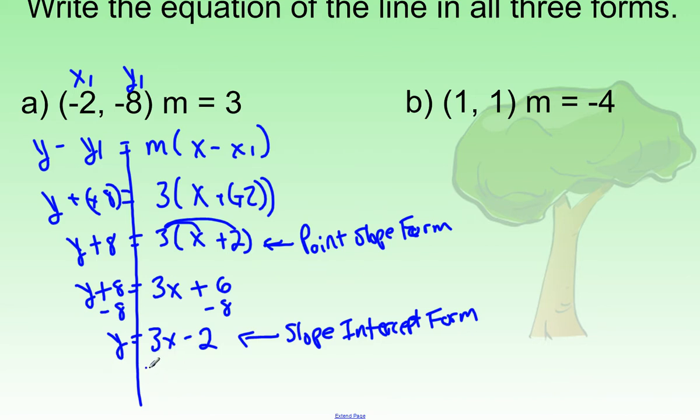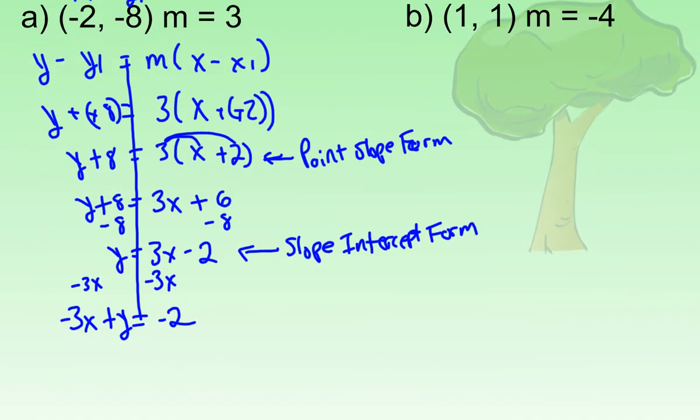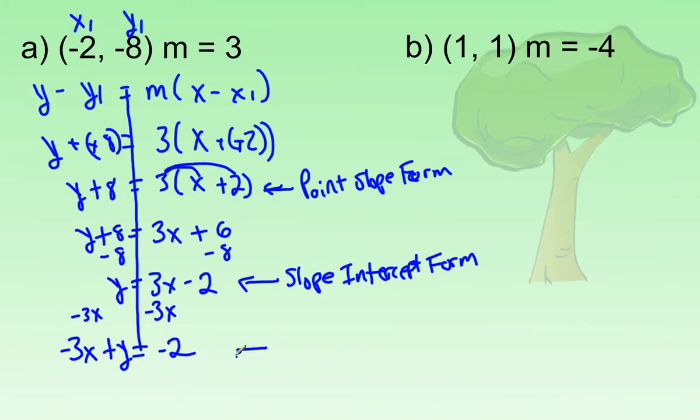We're going to subtract 3x, and minus 3x gives me negative 3x. I'm going to move them over a little bit. Negative 3x plus y equals negative 2. This is the same equation in standard form.